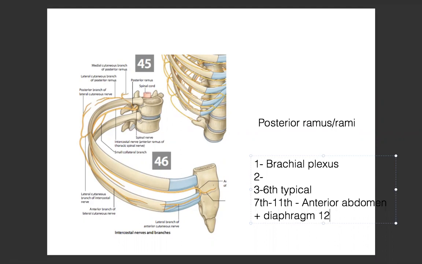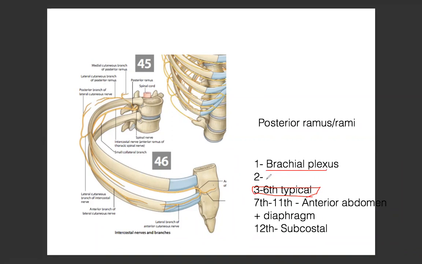That's why they are called atypical. The 12th doesn't do any of the things it should do. It doesn't even supply an intercostal space, because there is no intercostal space below it, so it's just called subcostal and it doesn't count as typical. So the typical ones are typical, and the rest are atypical because they supply something extra.